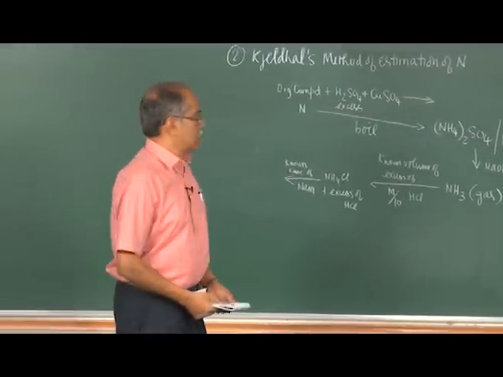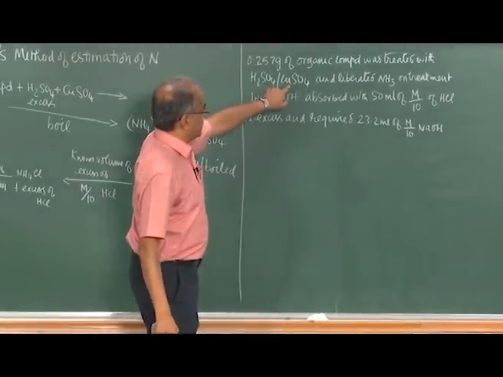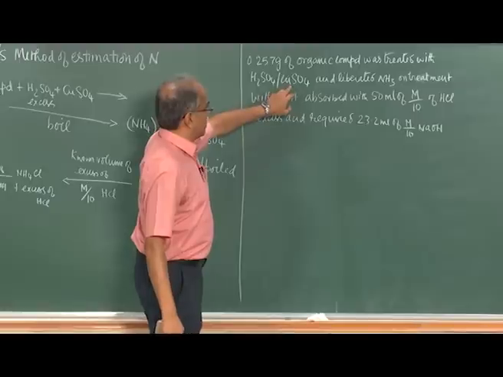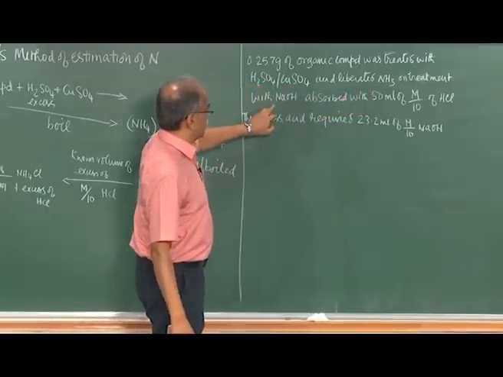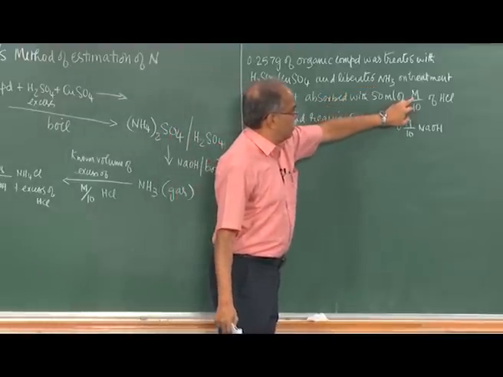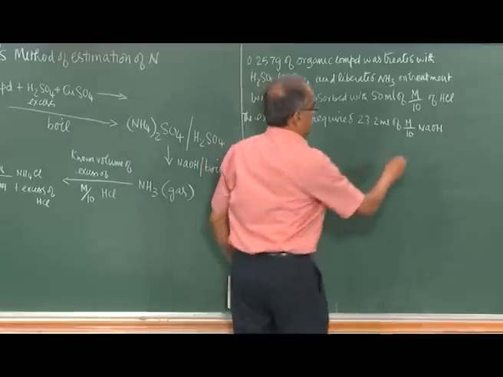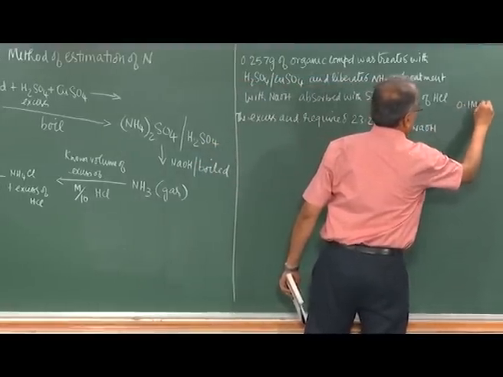What is done is the compound is treated with sulfuric acid and copper sulfate, thereby ammonium sulfate is formed. The ammonium sulfate liberates the ammonia on treatment with sodium hydroxide. The liberated ammonia is absorbed with 50 ml of M/10 hydrochloric acid. So, this is the concentration. This would correspond to 0.1 molar of HCl.